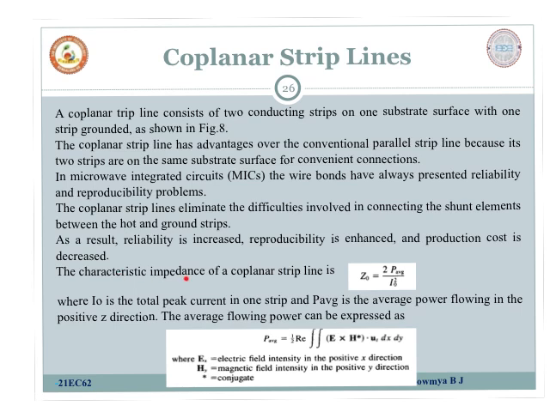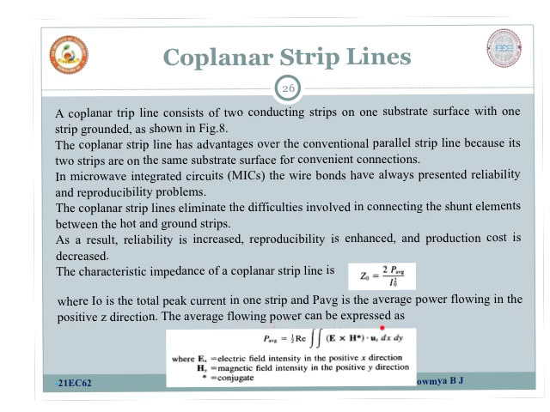Therefore, the characteristic impedance of a coplanar strip line is Z0 equal to 2 P average divided by I naught square, where I naught is the total peak current in one strip and P average is the average power flowing in the positive Z direction.